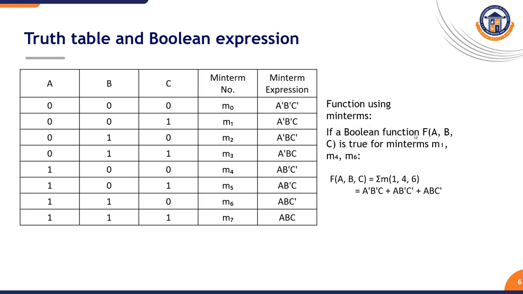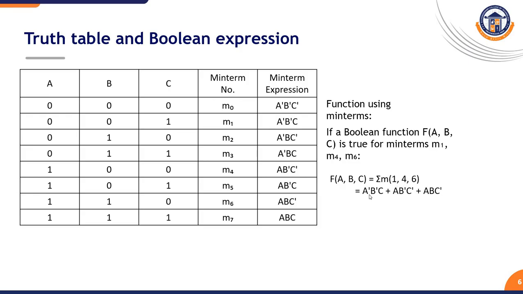For a Boolean function F of variables A, B and C, if the function outputs 1 for the minterms 1, 4 and 6, it can be written as the Boolean expression F of A, B, C equals summation of minterms 1, 4, 6.